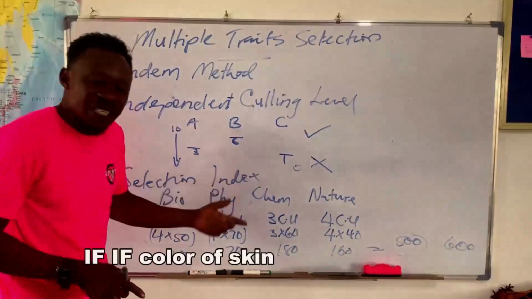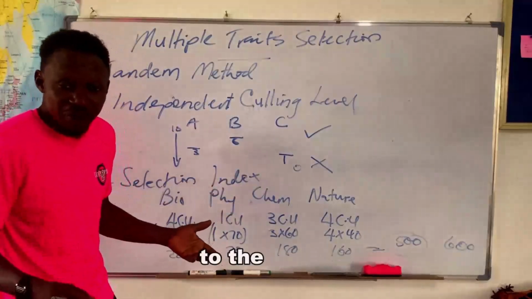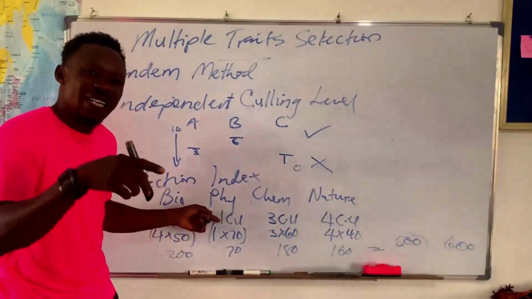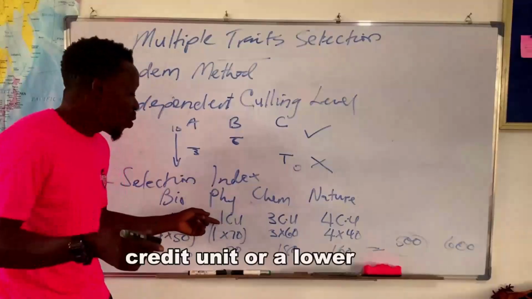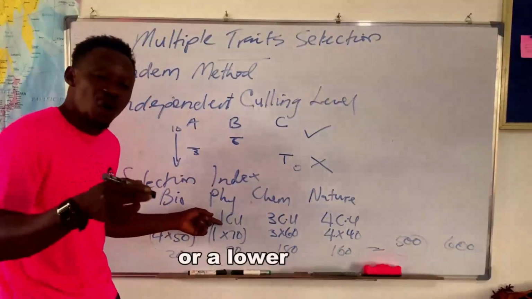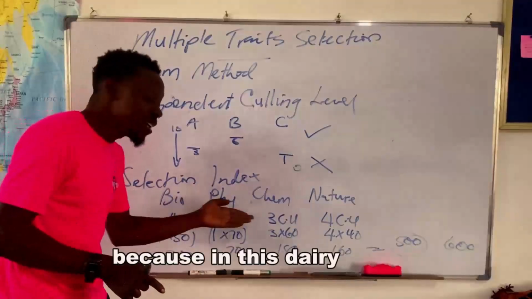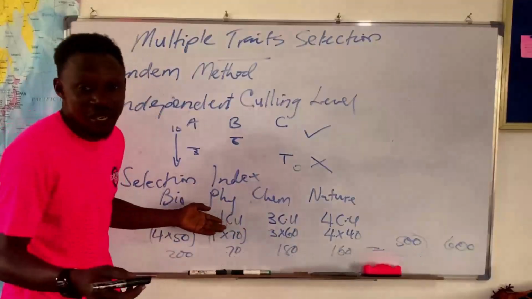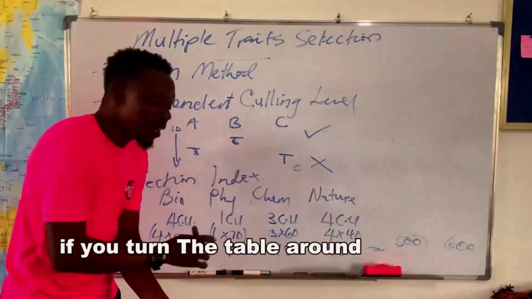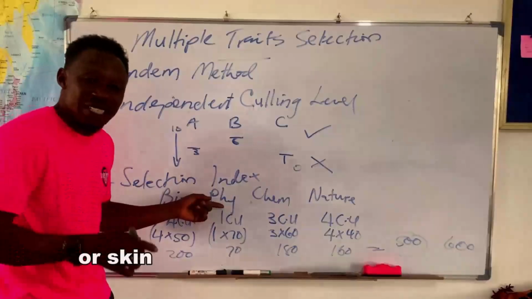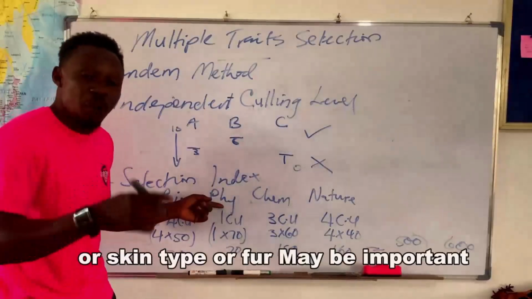If color of skin is less important to the farmer, then the farmer is going to attach a lower credit unit or a lower weight on that color, because in this dairy industry, color is immaterial. However, if you turn the table around and this is show business, then color or skin type or fur may be important.